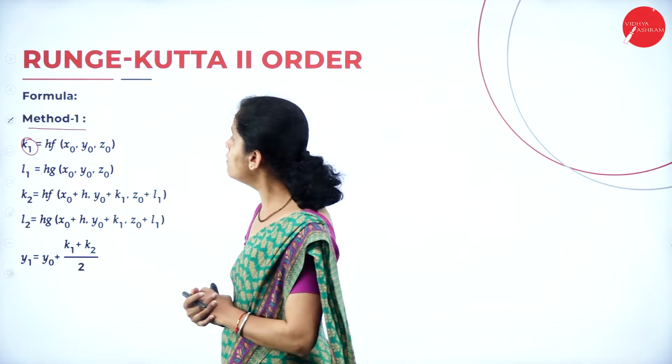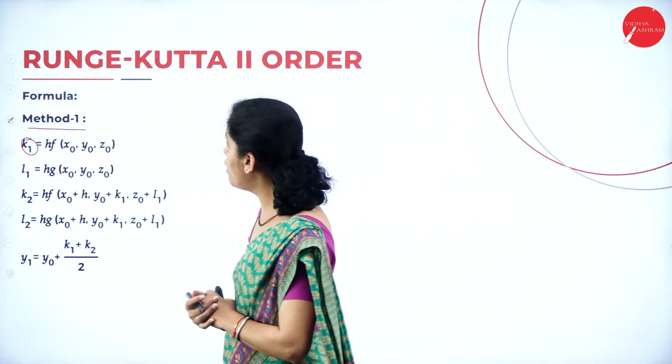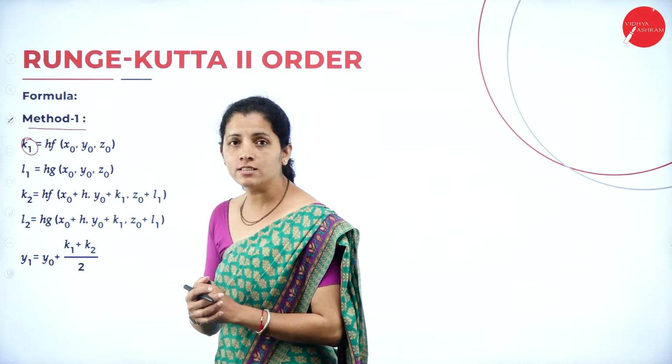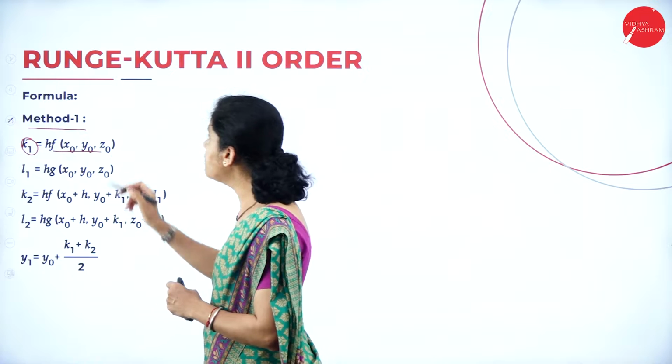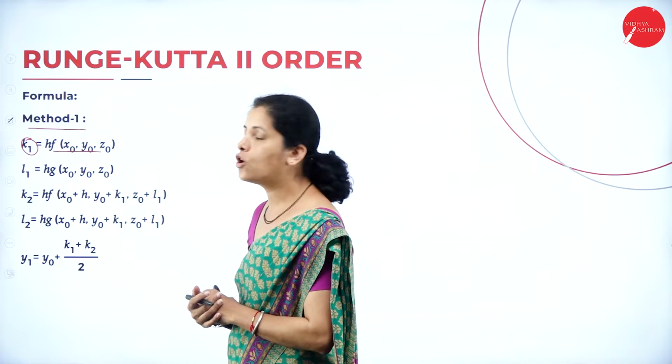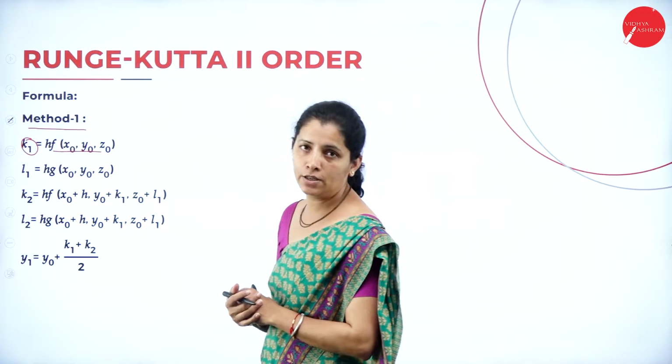Now, in Runge-Kutta order 2, if I consider method 1, I have to find K1. So, to find K1, the formula is h, where h is nothing but the height, into f of x naught, y naught, z naught.